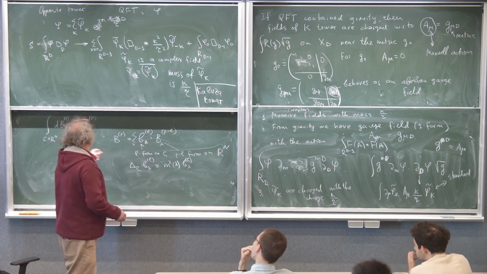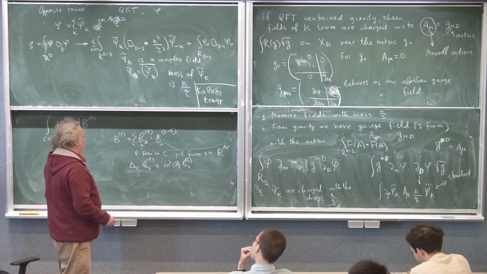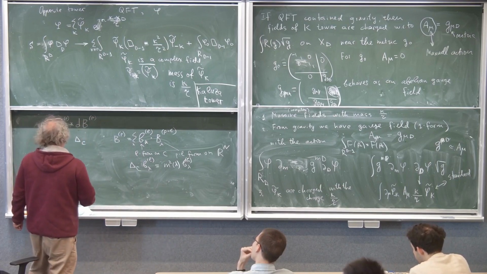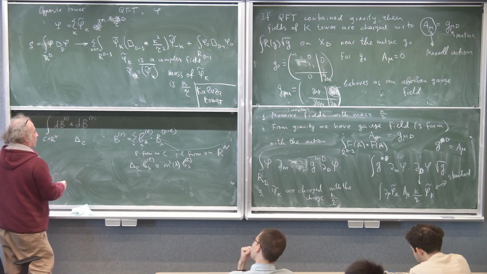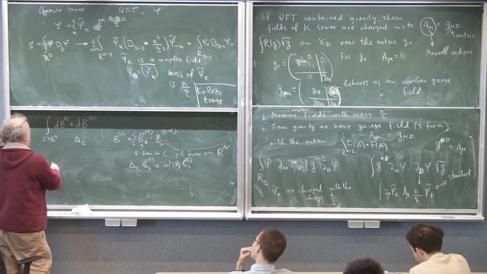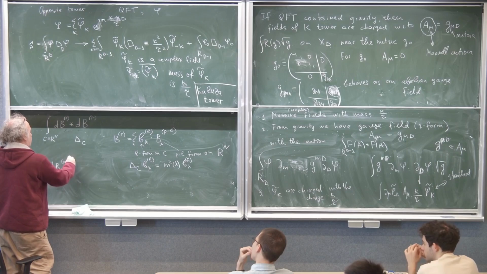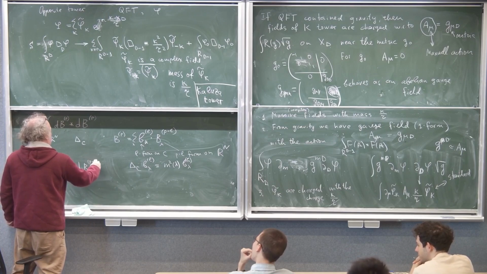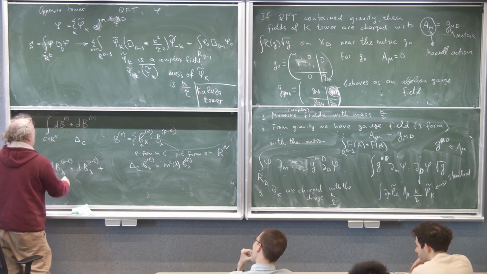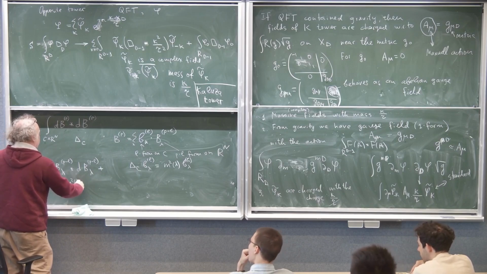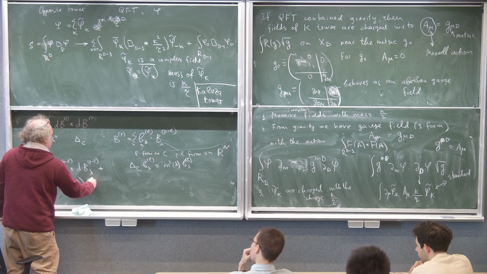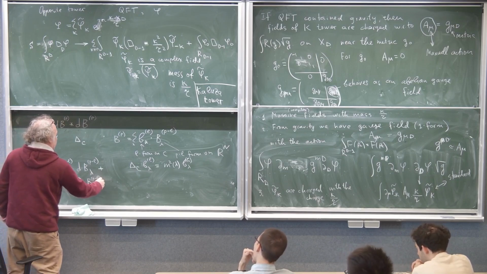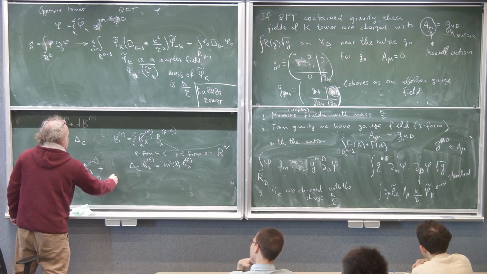And then I plug it into such an action, and I will get the following expression: sum over lambda of dB_lambda, plus or minus m squared of lambda, B_{p-l}^lambda star B_{p-l}^lambda.